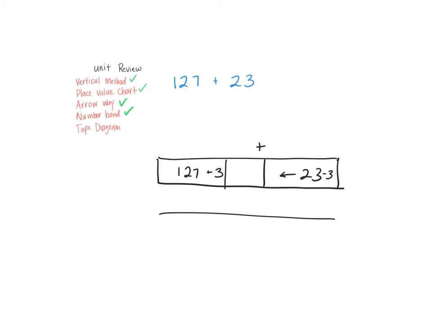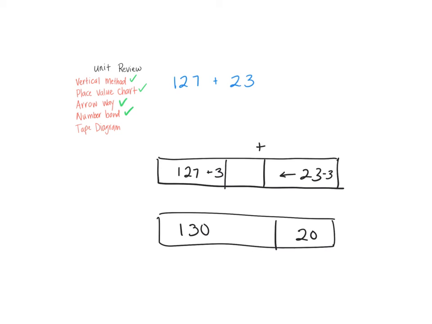So you could rewrite your tape diagram like 130 plus 20, and that is where you are kind of sliding things around on a tape diagram, where you're taking this 3 and you're moving it over to this side and you're simplifying it.